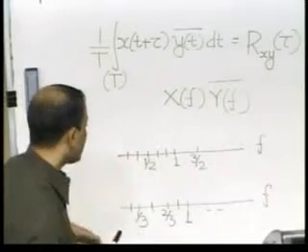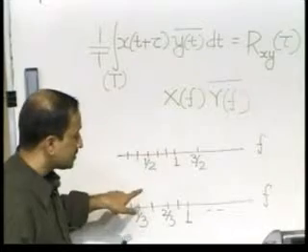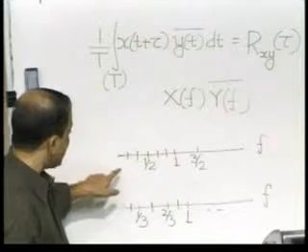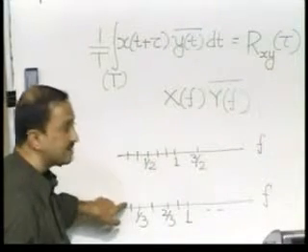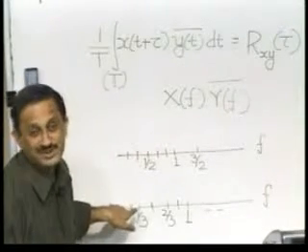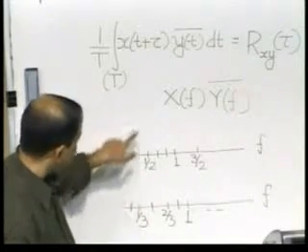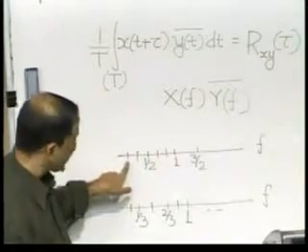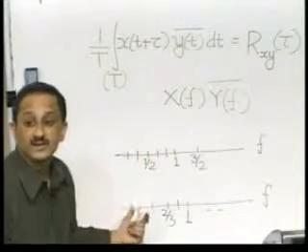And now what do we do? The Fourier components of the cross correlation are obtained by taking the product of the corresponding components of x and y complex conjugated. For example, the 1 by 6 component for this cross correlation Rxy would be the 1 by 6 component here multiplied by the 1 by 6 component here complex conjugated.